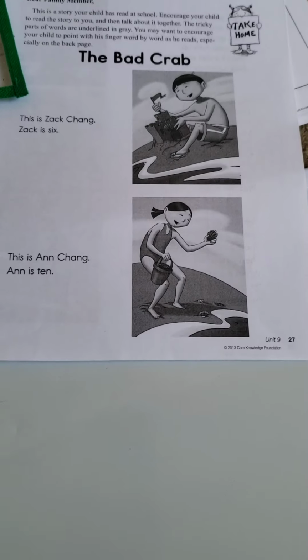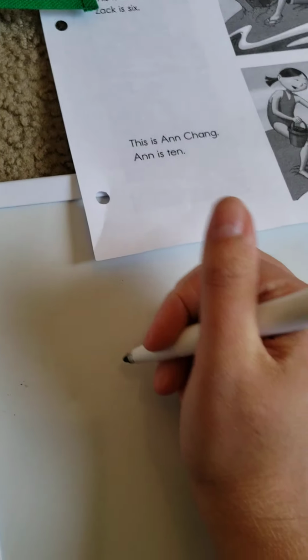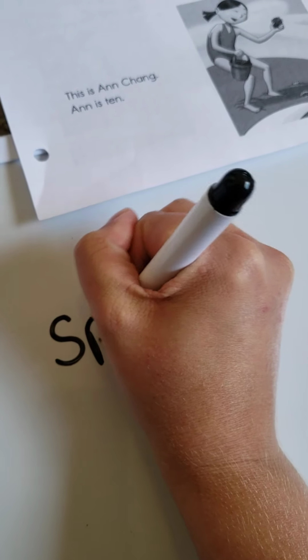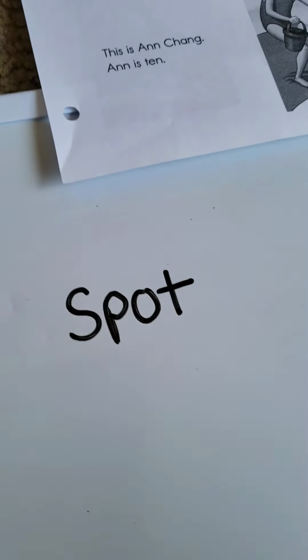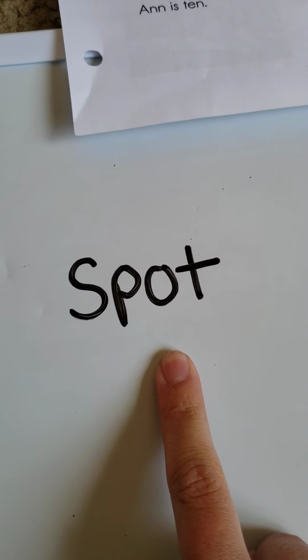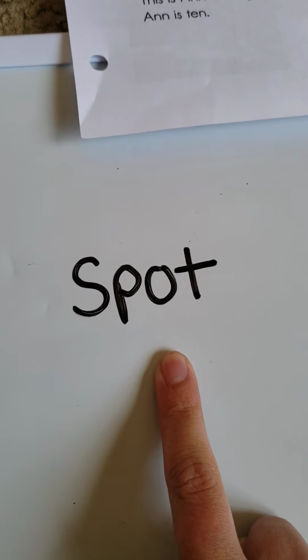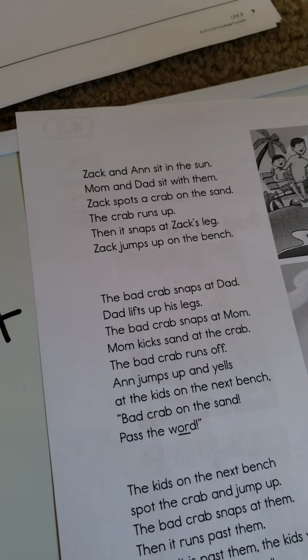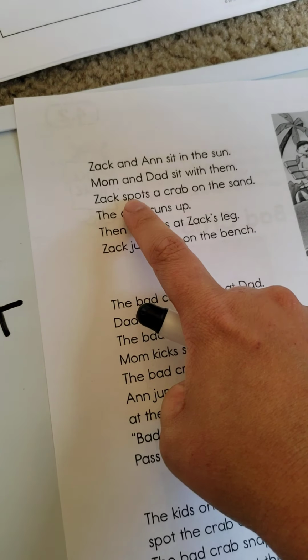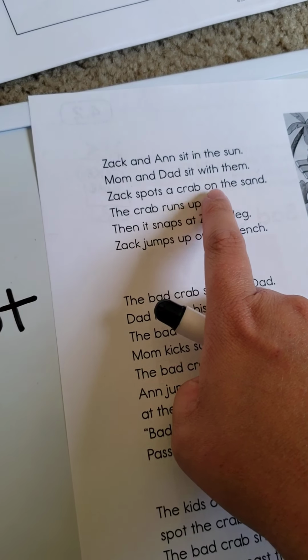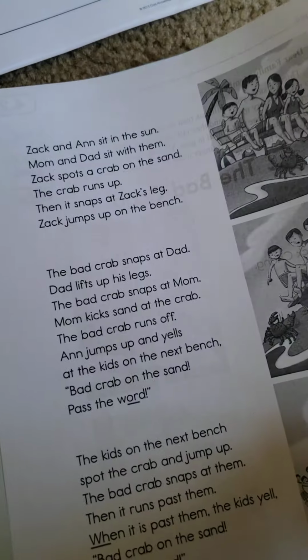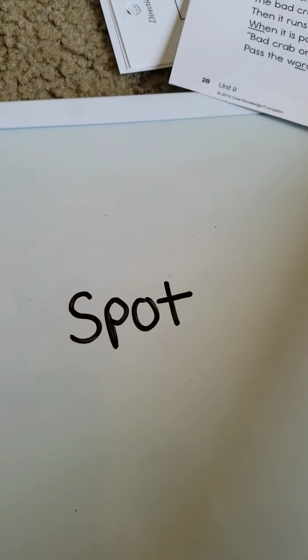So, let me find my marker. Okay, the first vocabulary word was spot. Spot. So spot means to see something. Okay, so in the story, it says, Zach spots a crab on the sand, which means he saw a crab on the sand.